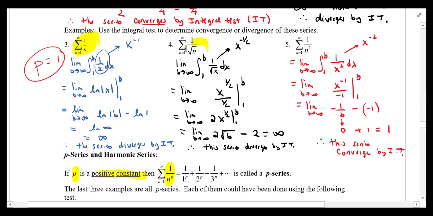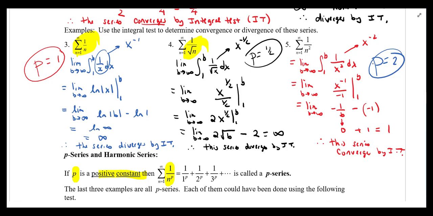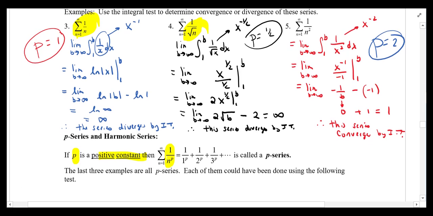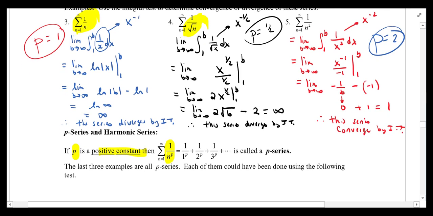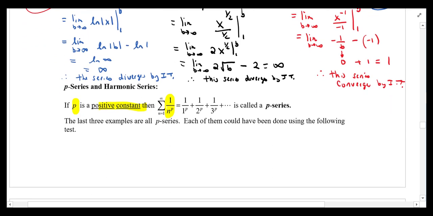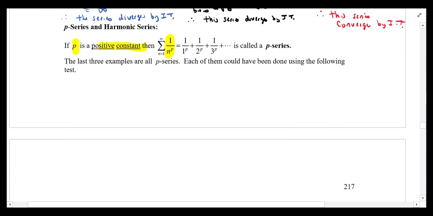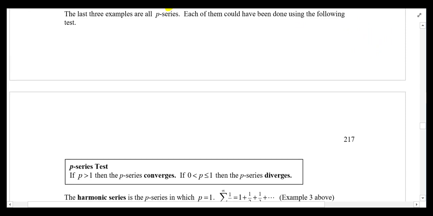And if you look at example number 4, what's p equal to? That's right, p equals a half, because we're looking at it already in the denominator. And then finally, for number 5, what is p? p is equal to 2. Well, all 3 of the examples were p-series. And what I'm saying to you is each of those could be done with the following test. Yes, we have something called the p-series test.